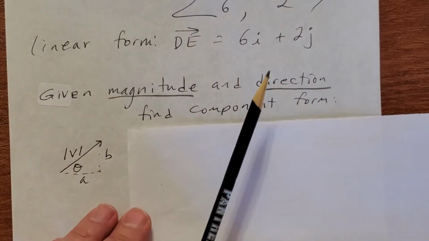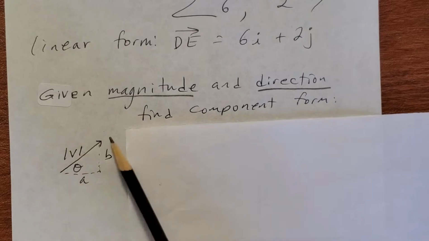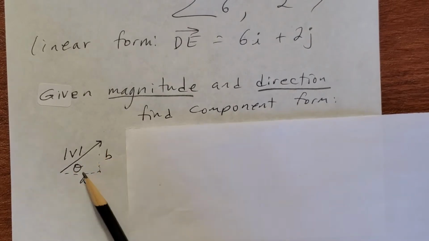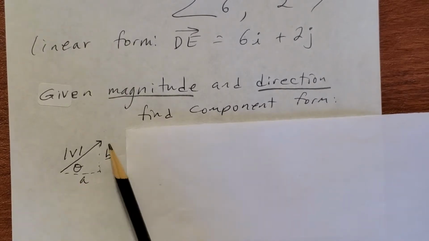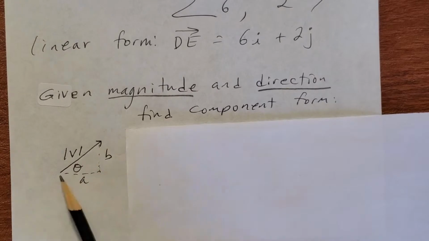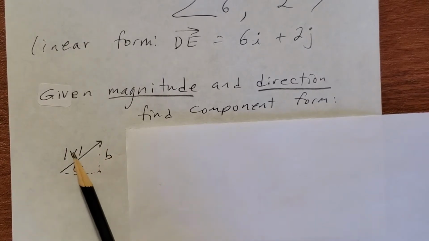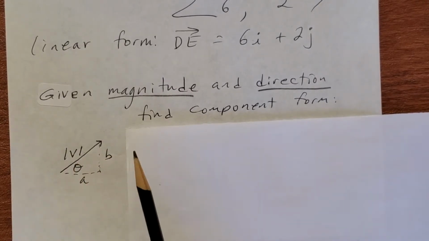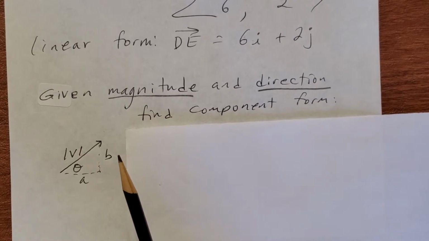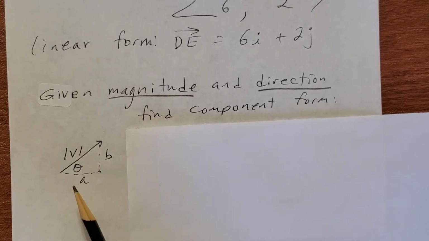Look at this. If I give you how long this arrow is, and I give you the angle, then you should be able to figure out how far across, how far up. The components. How? Well, you have a right triangle. I give you this number, I give you this number, and you can use SOHCAHTOA to find the missing sides.